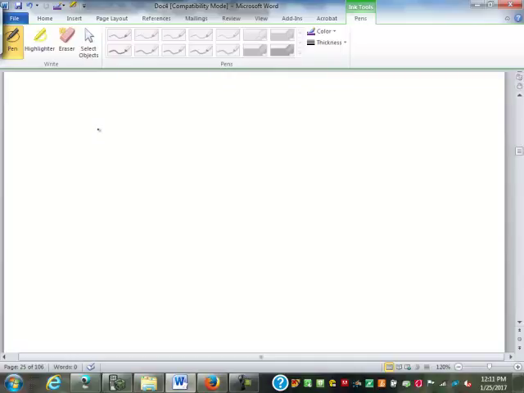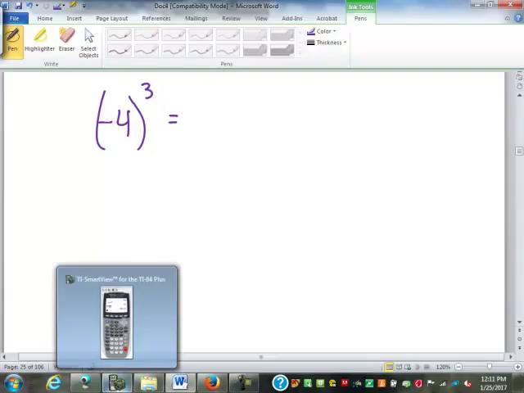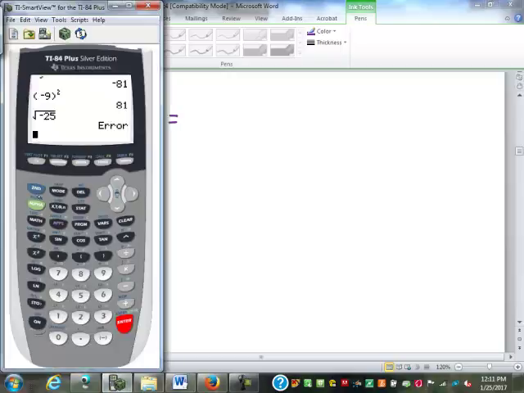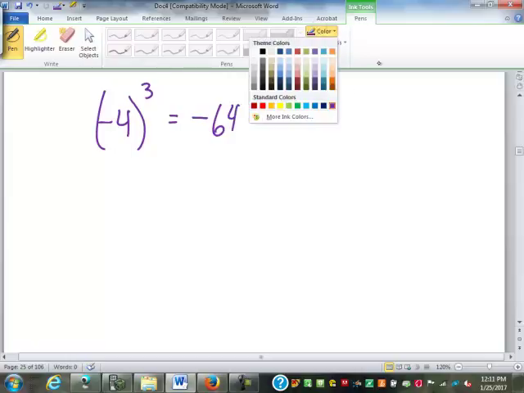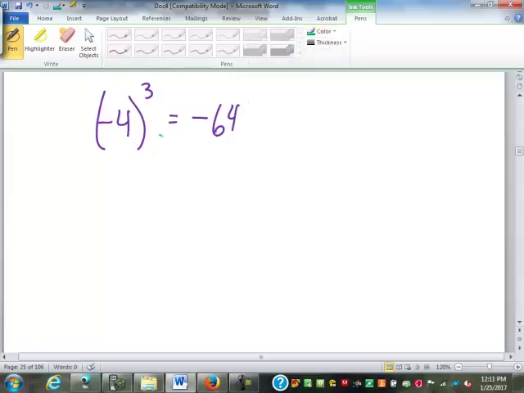How about a third root, though? If I take negative 4 to the power of 3, negative 4 times negative 4 times negative 4, or, parentheses, negative 4 to the power of 3, I get negative 64. You can see there, I was able to get a negative answer with a third power.